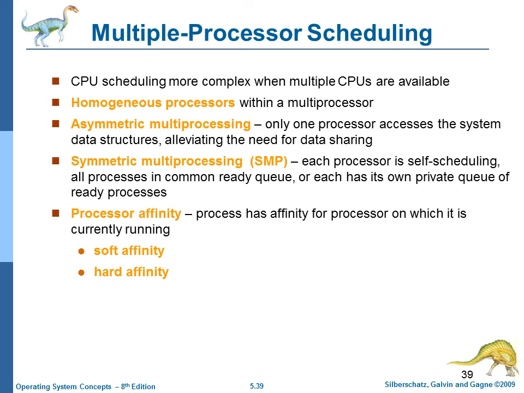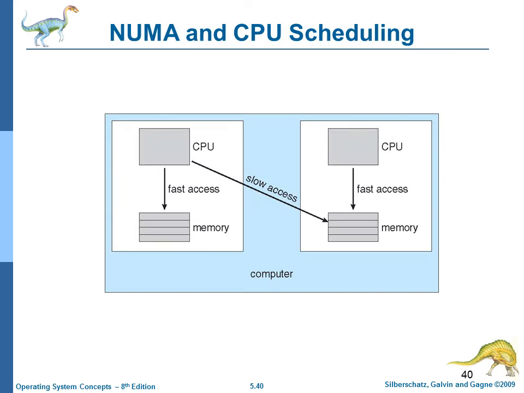In particular, CPUs have faster access to memory on the same chip or board than to other memory located elsewhere. If we have a look at this figure, if a process has an affinity for a particular CPU, then it should be assigned memory storage in local fast access areas.